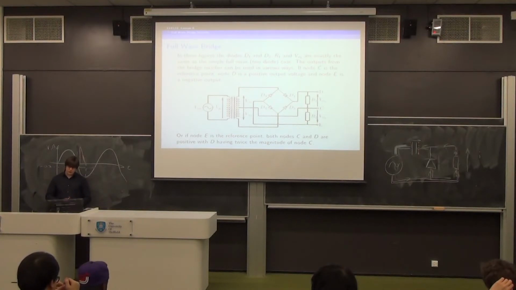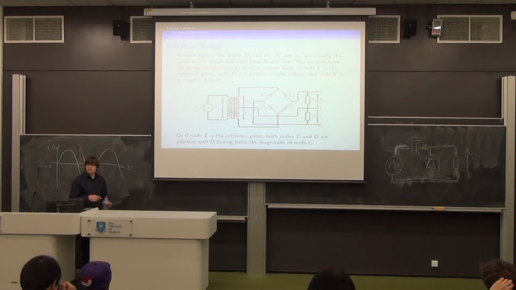But if we wished, we could say that E is going to be our reference, and that C will be some value greater than E, and that D will be the same amount greater than C. So we could have 0, +15, +30. And there's nothing to stop us doing that. It just depends what we want to call our reference.